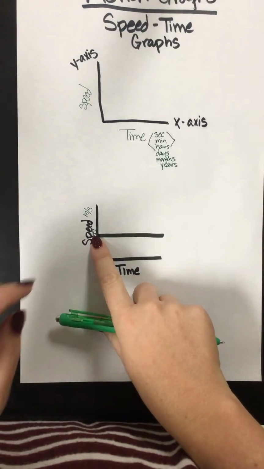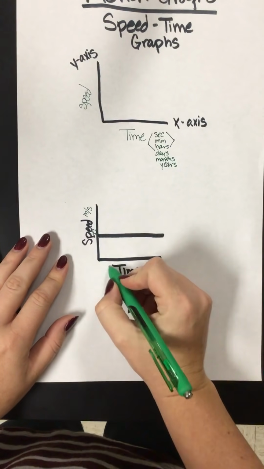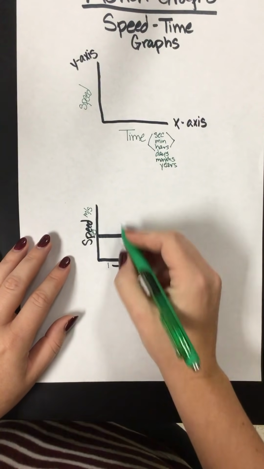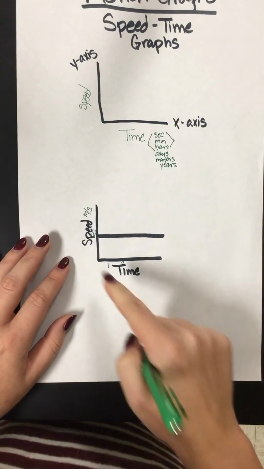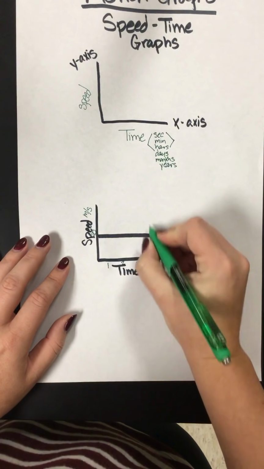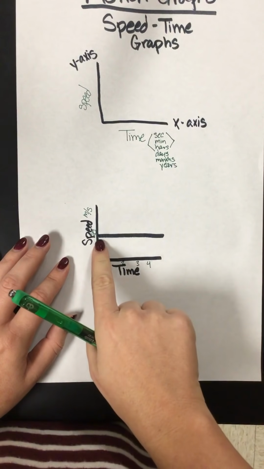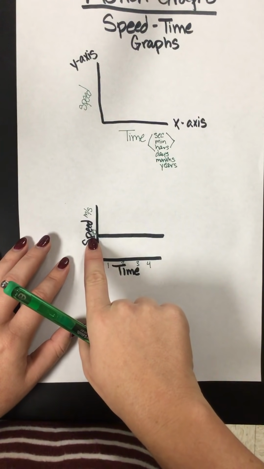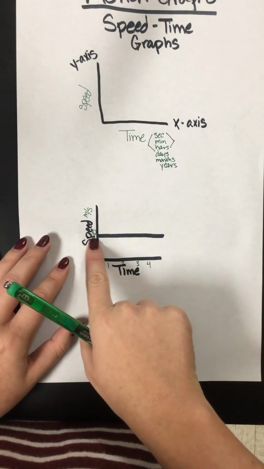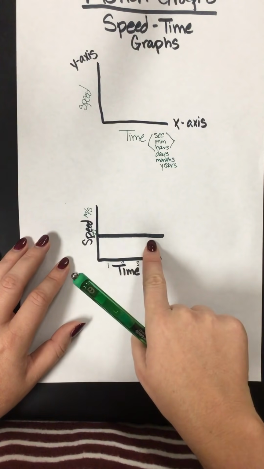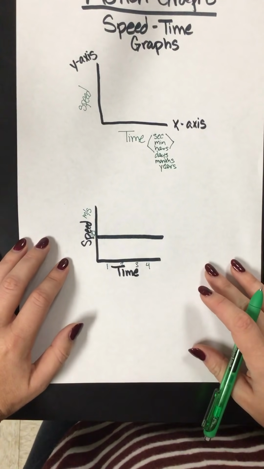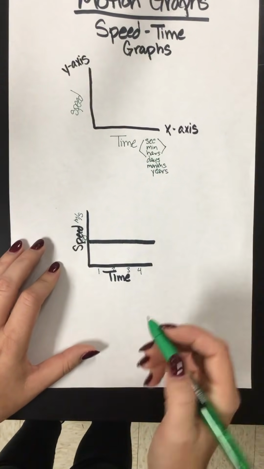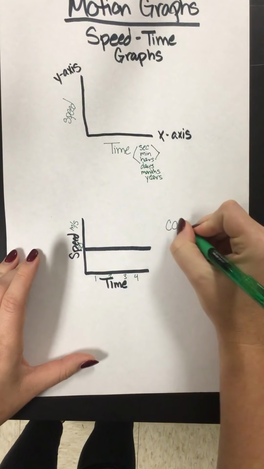So if you're going 20 meters per second at 1 second, and then 20 meters per second at 2 seconds, and then still at 3 seconds, and then again at 4 seconds, what do we know about our speed? Are we stopped? No. We are at 20 meters per second consistently, which means that this is actually showing a constant speed.